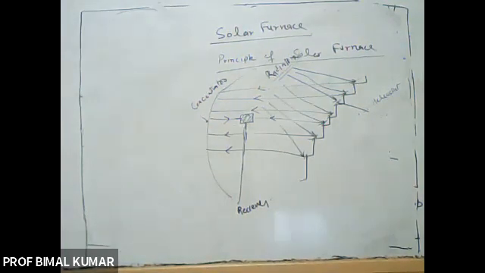Then in the solar furnace, heating is carried out without any contamination, and temperature is easily controlled by changing the position of the material in the focus, right? So various property measurements are possible on an open specimen. These are some advantages of the solar furnace.